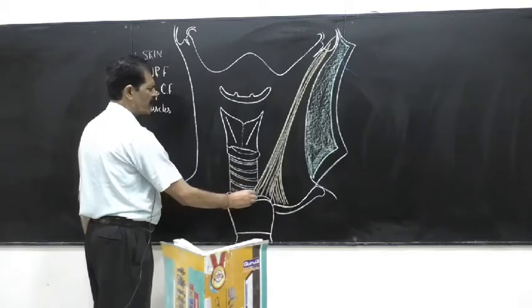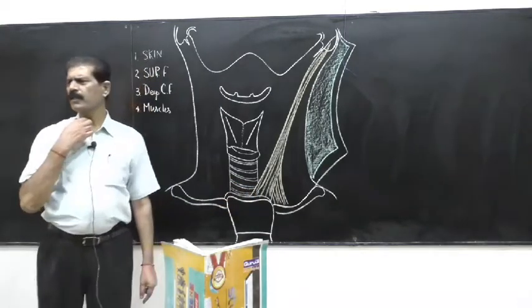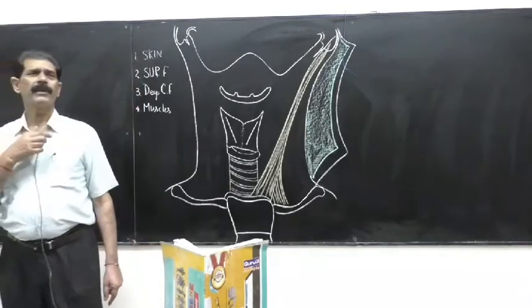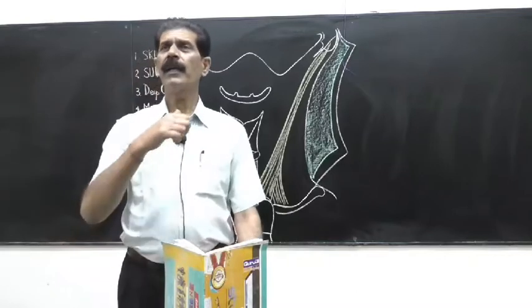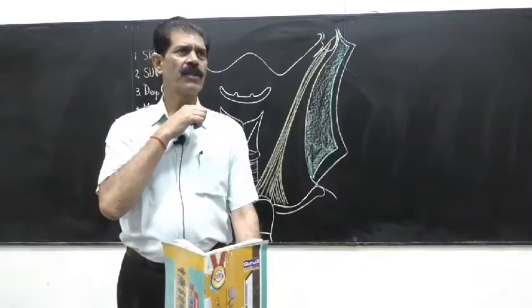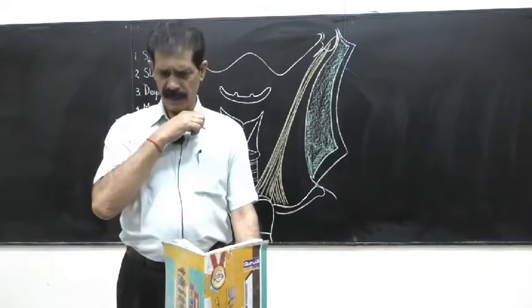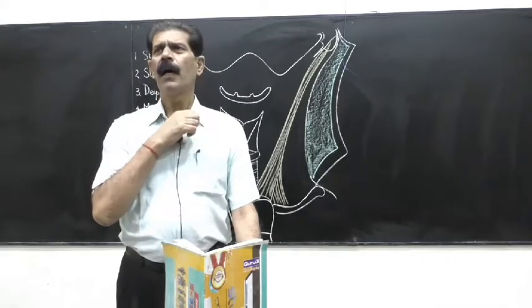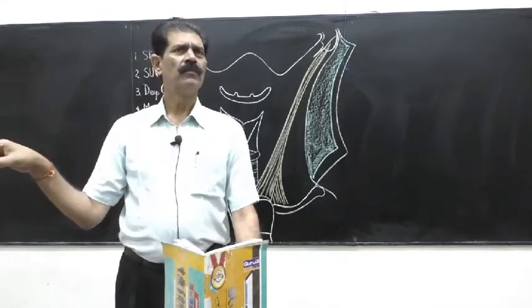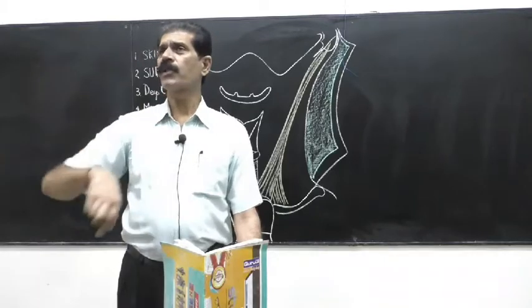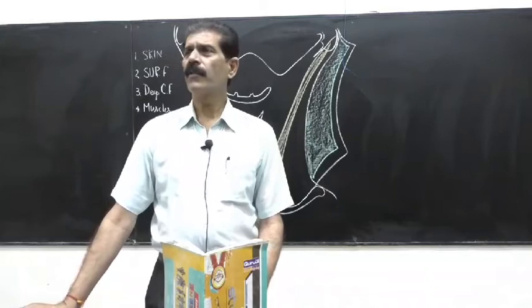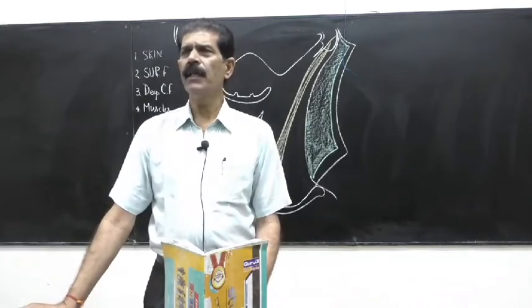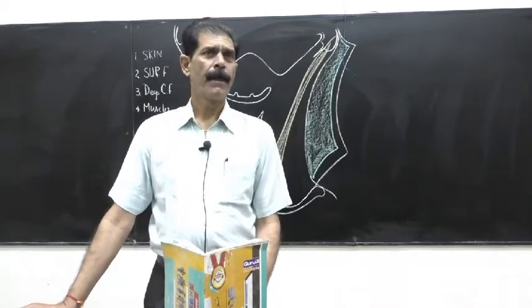The presence of the cartilaginous rings makes the windpipe or trachea a non-collapsible pipe. So nobody can easily press it, and whatever the position of the neck, our trachea remains open. So there is no obstruction in inspiration and expiration. That is why it has been provided with the C shape.